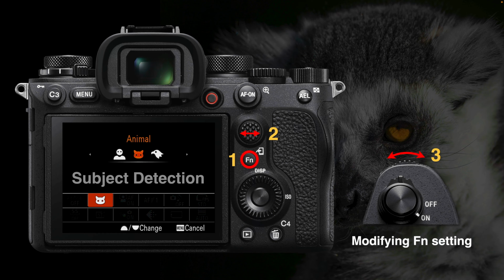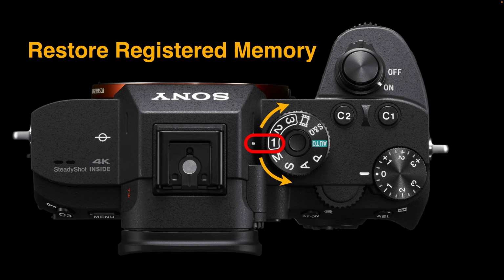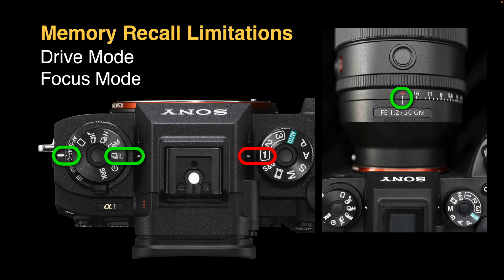Now you've overridden the default settings, but as soon as you turn the shoot mode dial away from say 1 and then back to 1, the default settings that you registered, which possibly include human as the default, will be reinstated. So even though we modify settings, we don't modify the registered memory. We can just reinstate those by simply turning the shoot mode dial away from 1 and then back to 1, or away from 2 and back to 2, etc.